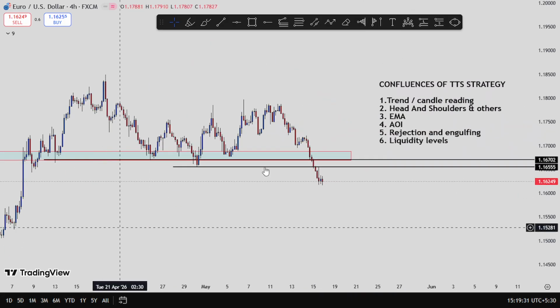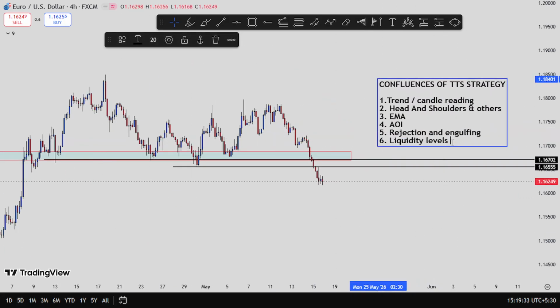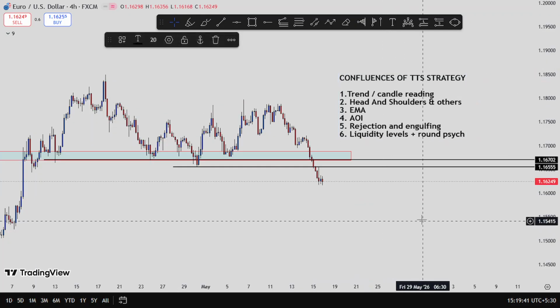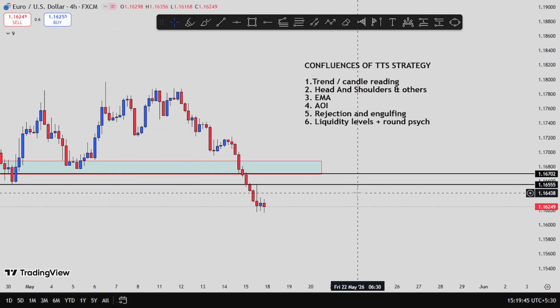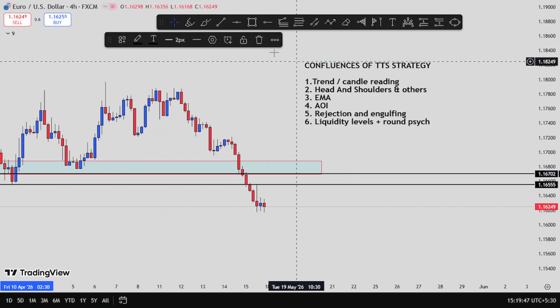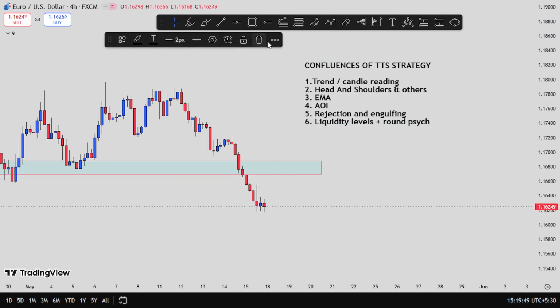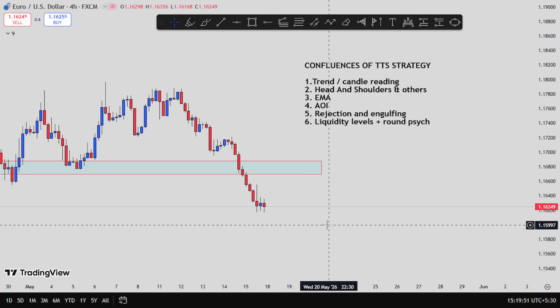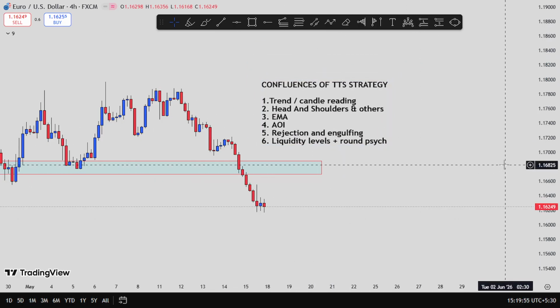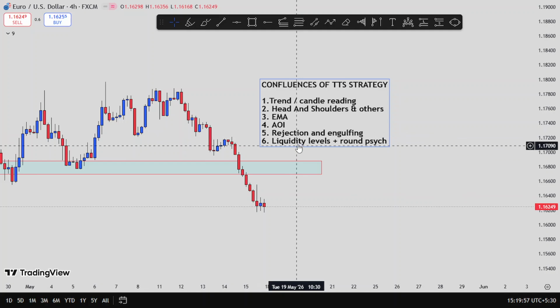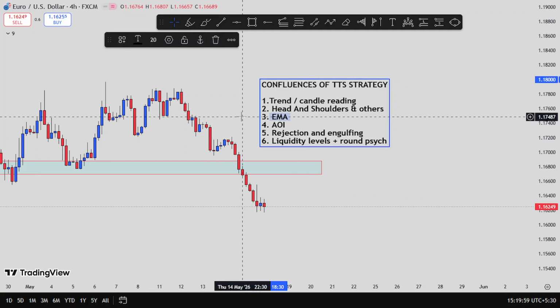Now let me add liquidity levels plus around cycle. Okay, fair enough. Now this is one of the simplest checklists, just 6 to 7 points which you have to look for, and you are prepared for the trade. This is exactly what I see, and I don't see the majority of these points also, like for example, the EMAs.